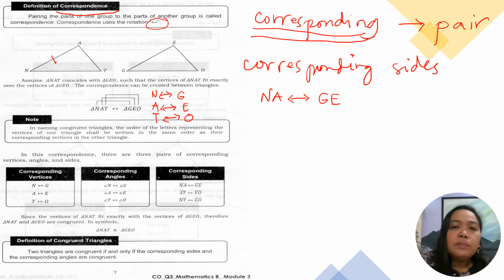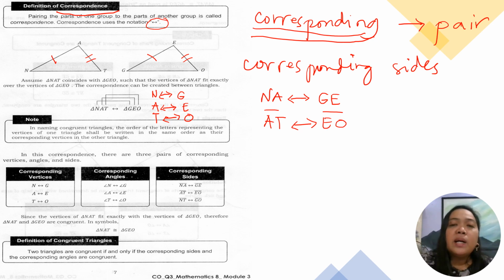So NA corresponds to GE. What about AT? Segment AT will also correspond to segment EO. So we may write segment AT corresponds to segment EO. Take note that the corresponding vertices again will still be visible.